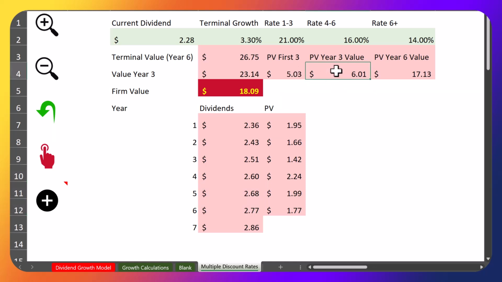So this is the PV of the year 3 value, or second portion dividends in a sense. And this is the present value of the terminal value as of the end of year 3. You add them up, you get value for year 3.